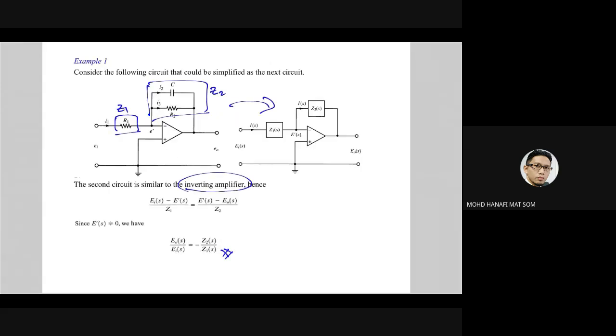You can extract Z1 and Z2 into their components R2 and C. So you just transform Z2. Basically, Z2 is C and R2 in parallel, which you can find using this, and finally you will get Z2 equals to this.